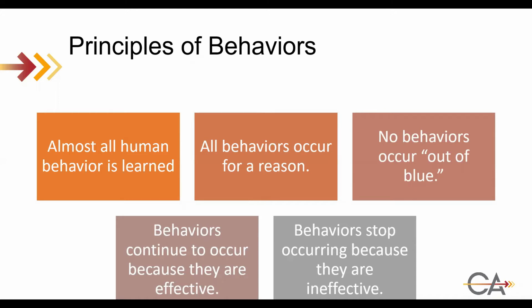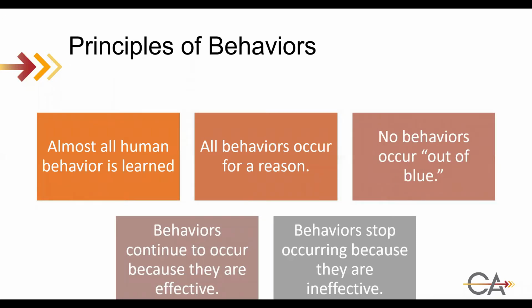Here are the principles of behavior. Almost all behavior is learned. From a very, very young age, we learn behavior. All behavior occurs for a reason. We might not always know the reason, and there may be multiple reasons, but no behaviors really occur out of the blue.